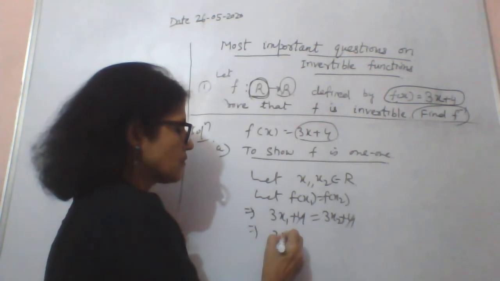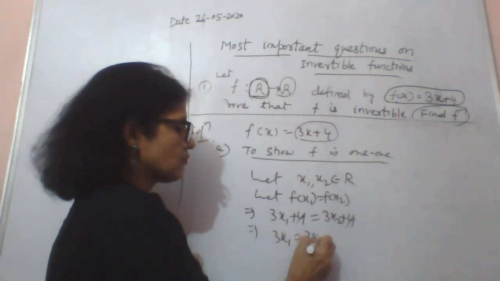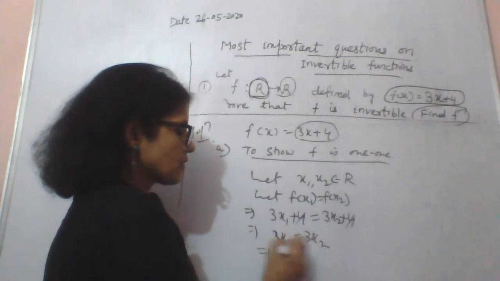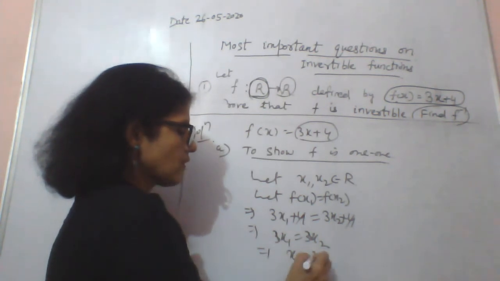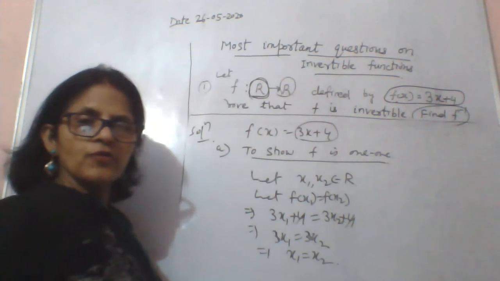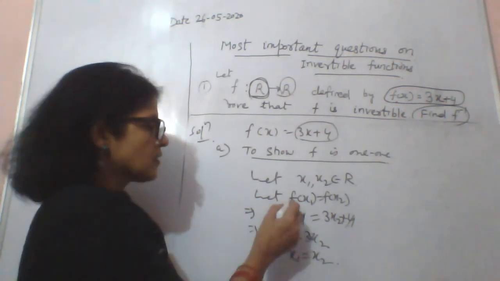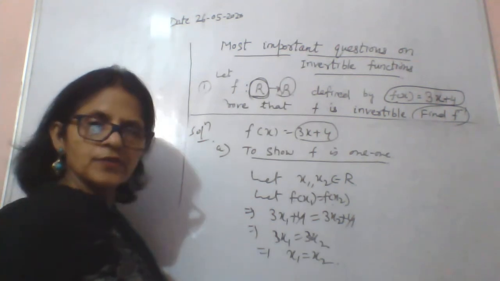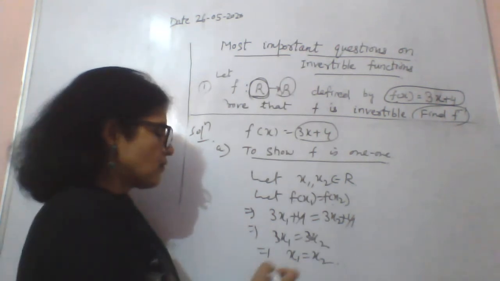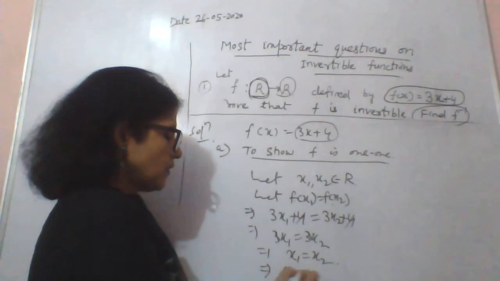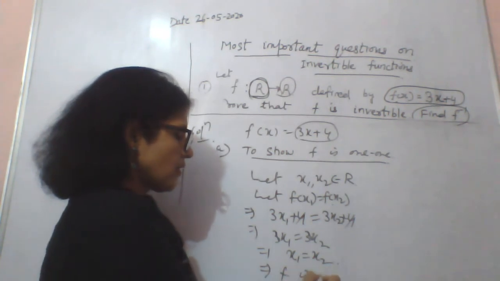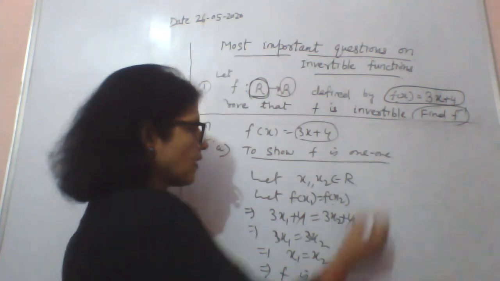It means 3x1 = 3x2, which gives x1 = x2. So if images are equal, pre-images are equal, meaning f(x1) = f(x2) implies x1 = x2. So this implies f is 1-1.